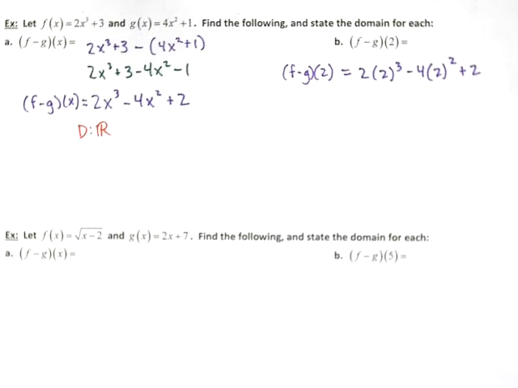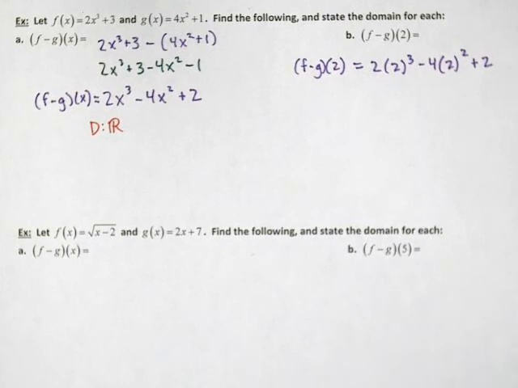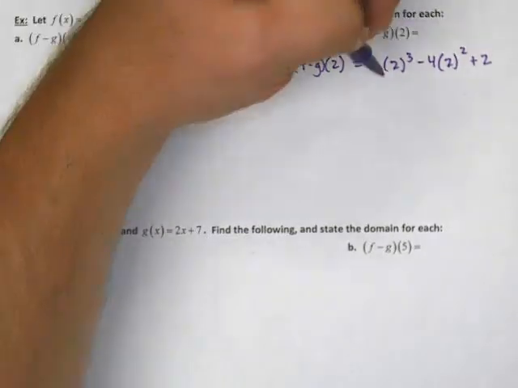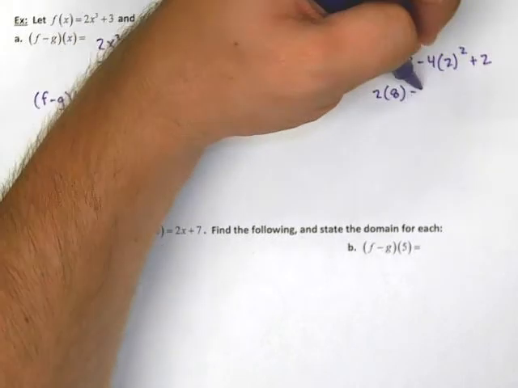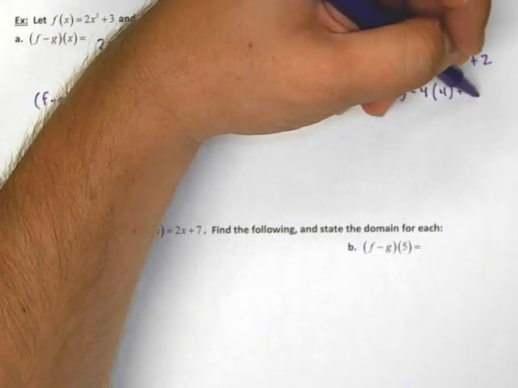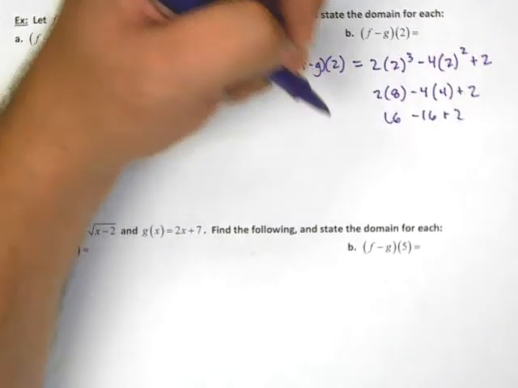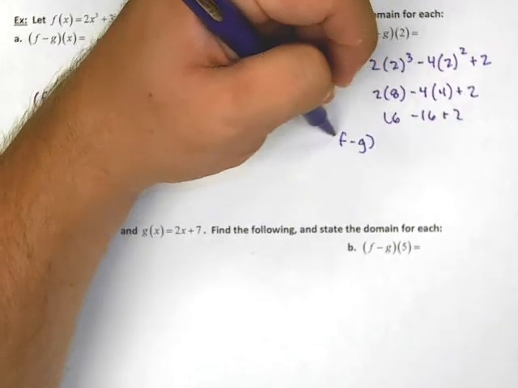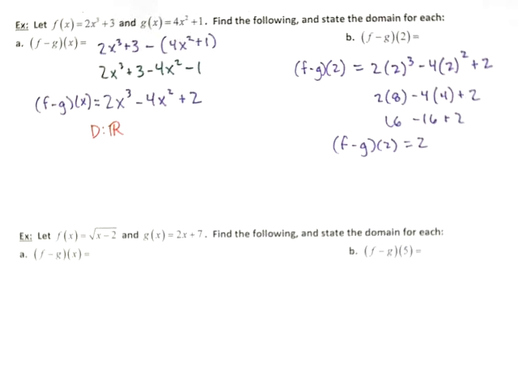Let me hold that away for a second. I know I'm lefty, so it's hard to see everything. All right, so when we clean this up, we get 2 times 8 minus 4 times 4 plus 2, so 16 minus 16 plus 2. Okay, we know that f minus g of 2 is equal to 2, and we're done.